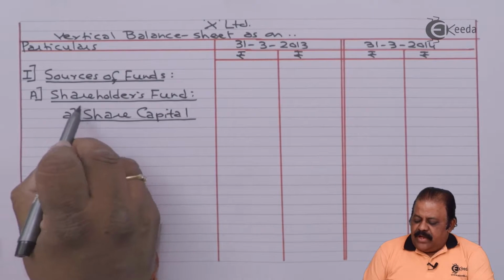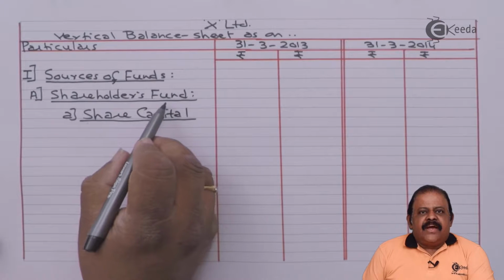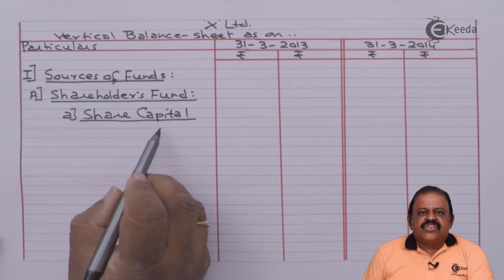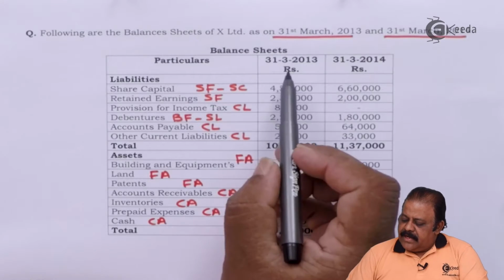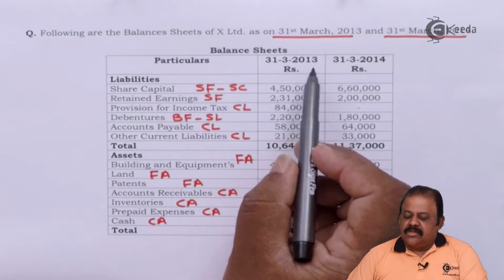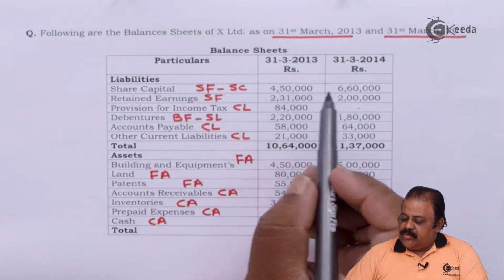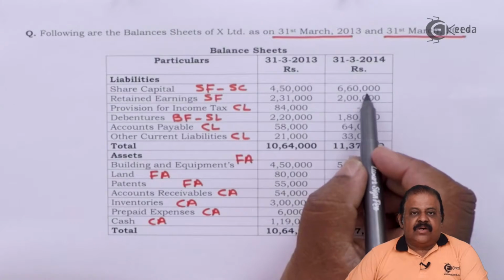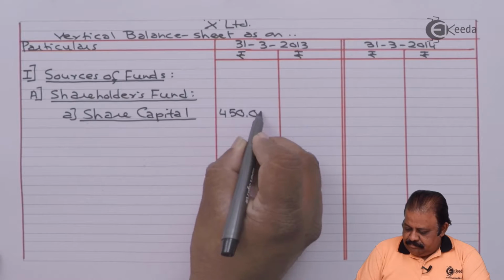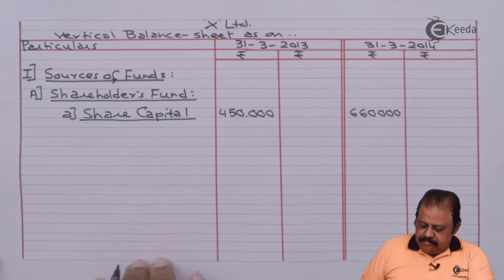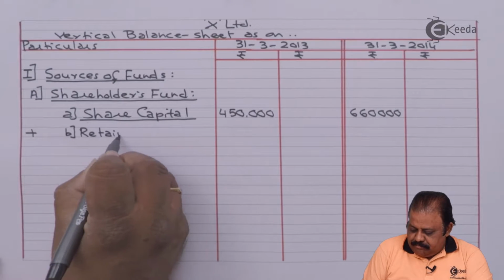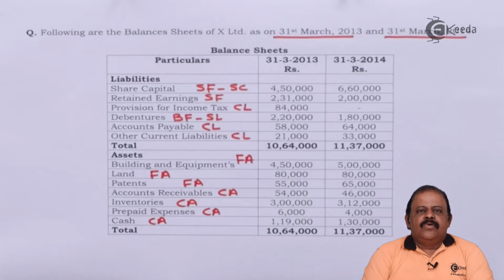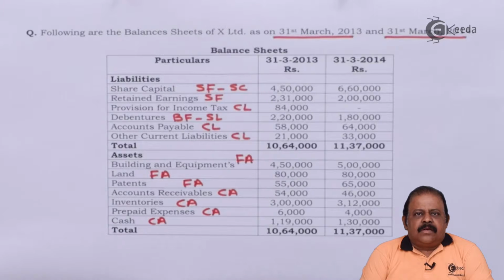Here the first item is shareholders fund. In shareholders fund, first item is share capital. Share capital as on 31st March 2013 is 4,50,000, and as on 31st March 2014, 6,60,000. To this we add reserves and surplus.